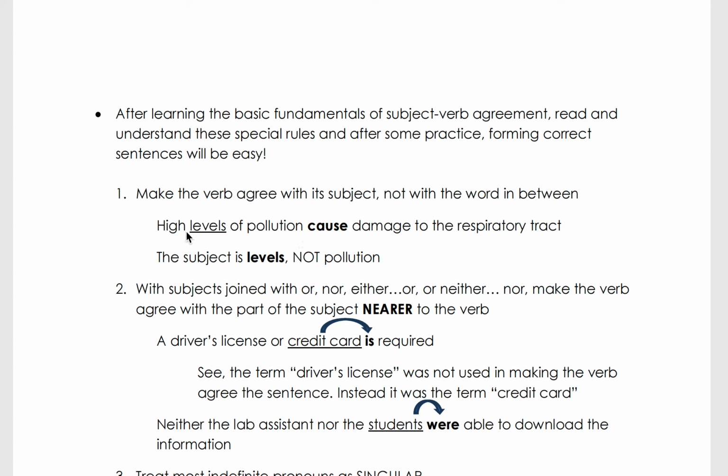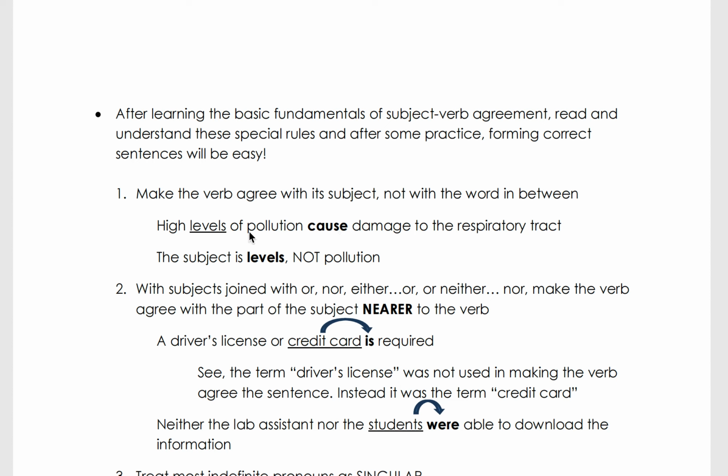Which one is the subject? Don't get confused. The subject is actually levels. Because it is plural, the verb should be plural as well. That's what we call subject-verb agreement.